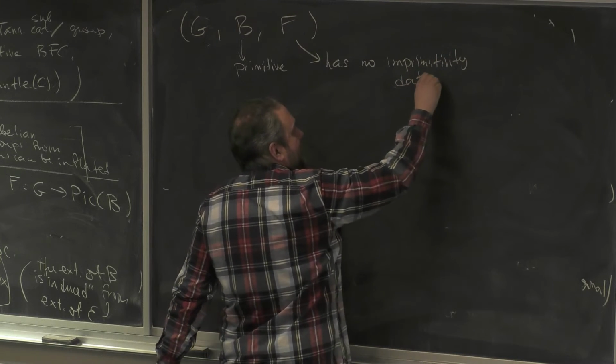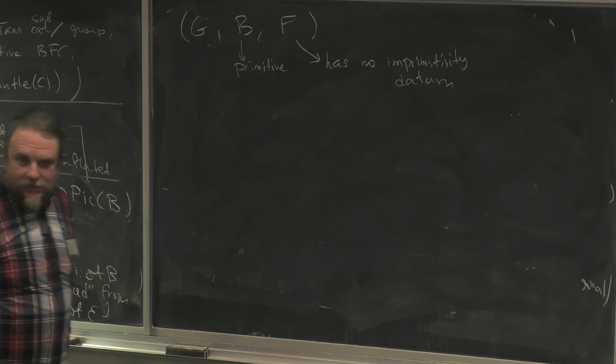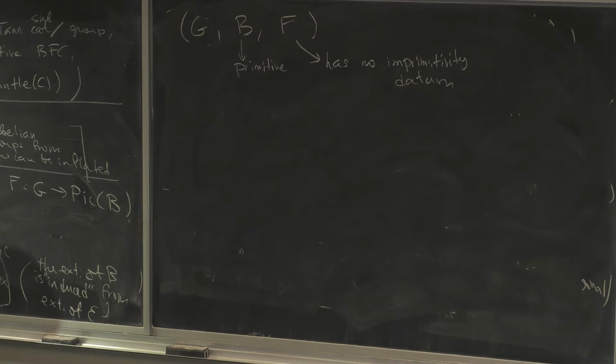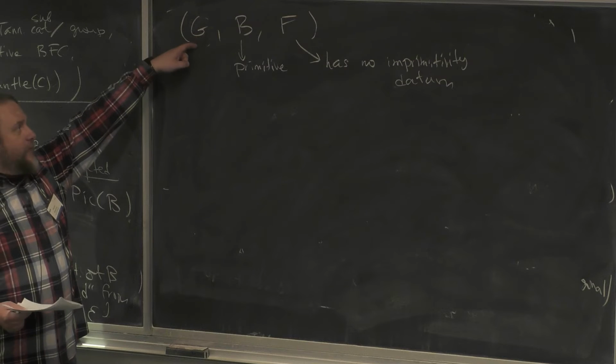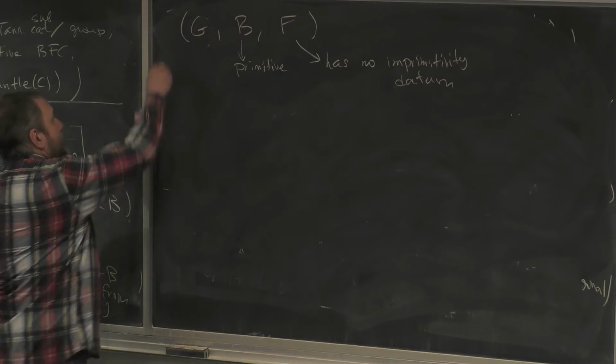So we might as well say that F is primitive in this sense. And any G can occur. It's just not G itself, but how it acts, that is essential.